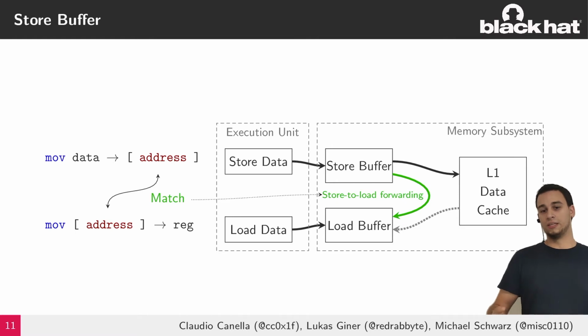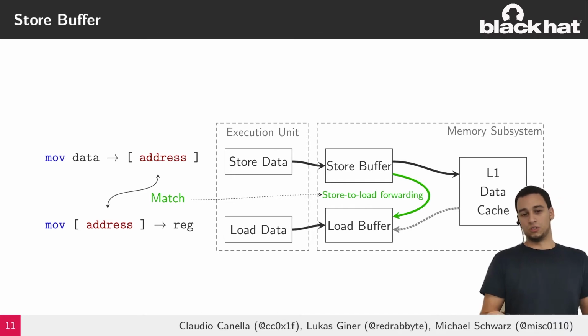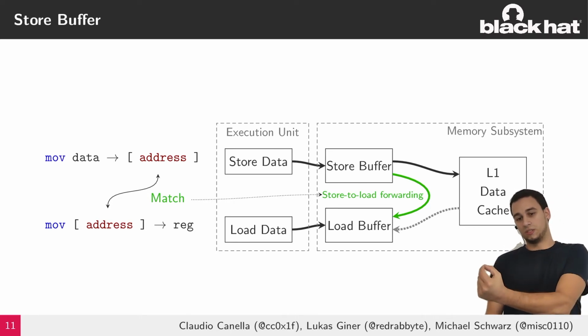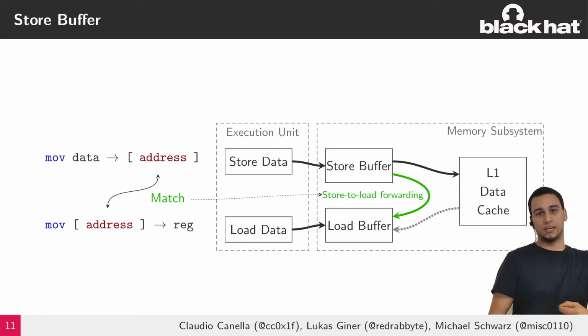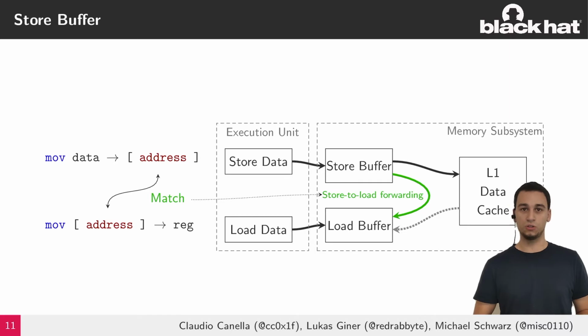So we directly take it from the store buffer and do the store to load forwarding to this load. So this is a lot faster. So we have this data that goes there into the execution unit memory subsystem and then back again before it even reaches the memory subsystem, the L1 or L2. So this makes it a lot faster and is a nice optimization that we have in modern CPUs.